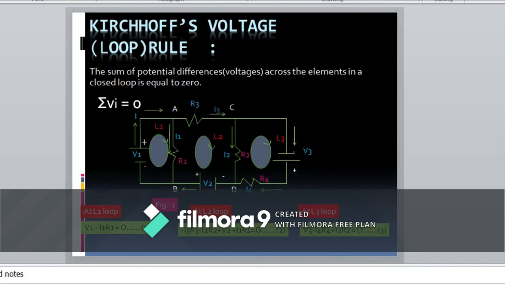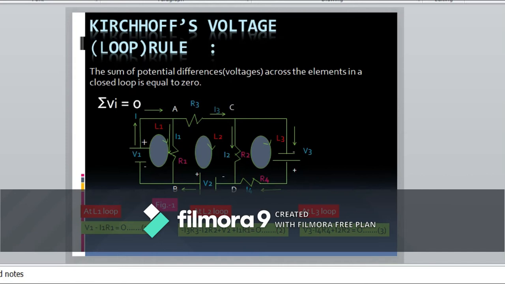Applying Kirchhoff's voltage rule for loop L1, V1 minus I1 R1 equal to 0, where I1 current is flowing across the resistor R1. At loop L2, minus I3 R3 minus I2 R2 plus V2 plus I1 R1 is equal to 0, where I2 current is flowing across R2, I3 current is flowing across R3.